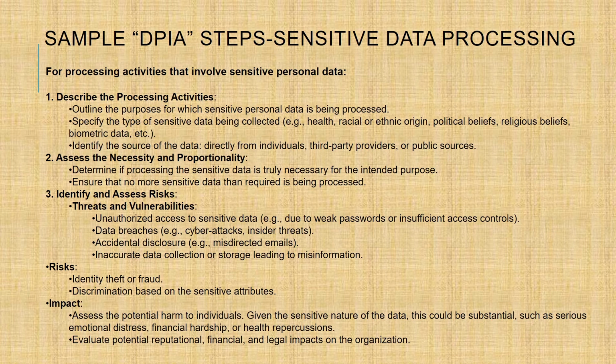In the second step, assess the necessity and proportionality. We need to determine if processing the sensitive data is truly necessary for the intended purpose and ensure that no more sensitive data than required is being processed. Step 3, identify and assess the risk. To identify the risk, we need to know the threats and vulnerabilities, right?